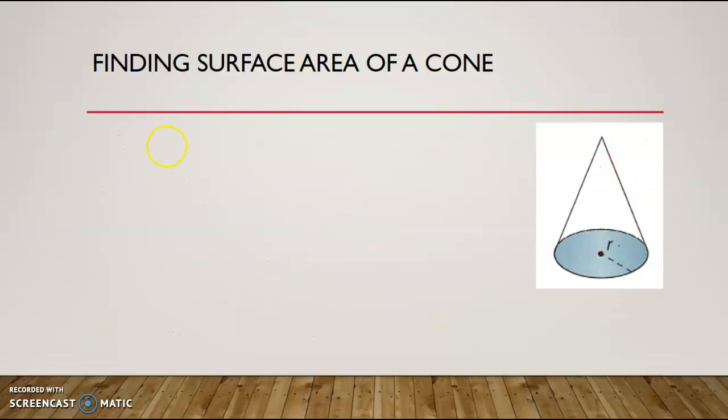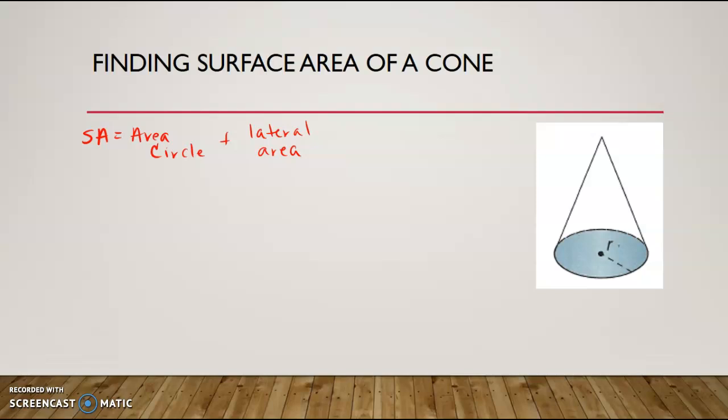Finding the surface area of a cone. So again, surface area is the sum of each surface, the area of each surface. So we're going to have the area of the circle plus the lateral area. Alright, so the lateral area would start with the circumference of the circle and then times our slant height.